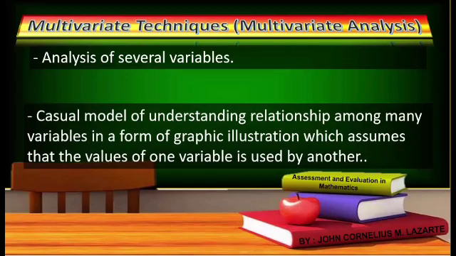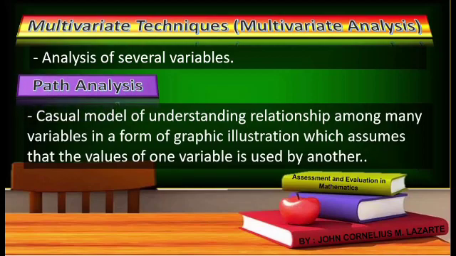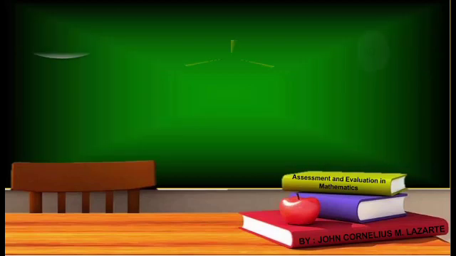We have here the path analysis. Path analysis is a causal model for understanding relationships among many variables in the form of a graphic illustration, which assumes that the values of one variable are caused by another. So let us have an example to visualize this path analysis.